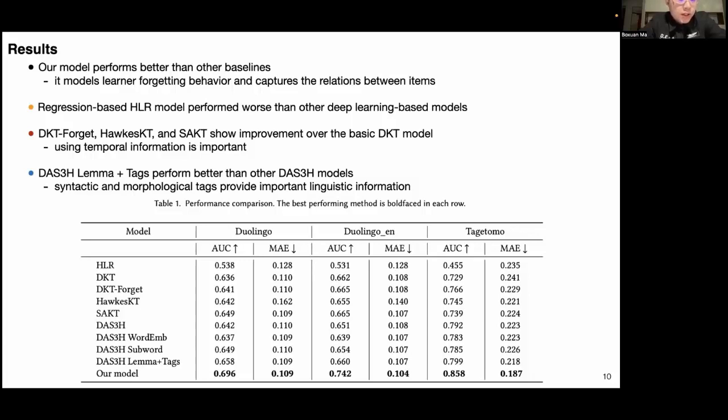Moreover, DASH-lemma and DASH-text, which incorporate linguistic skills of vocabulary items, perform better than other DASH models, which indicates linguistic tags provide important information for modeling vocabulary learning.